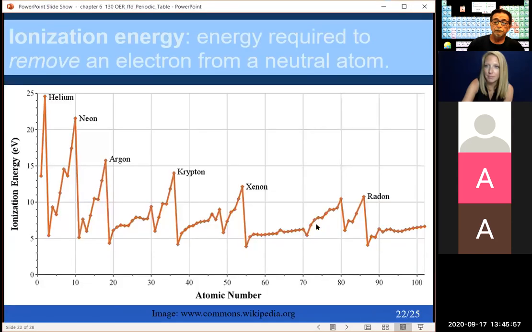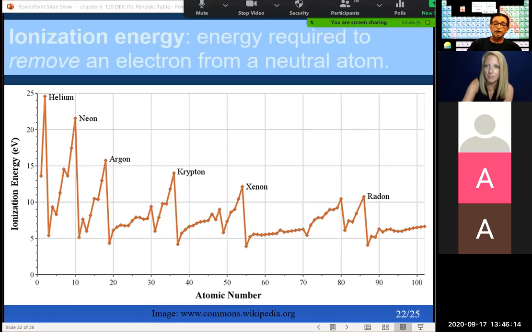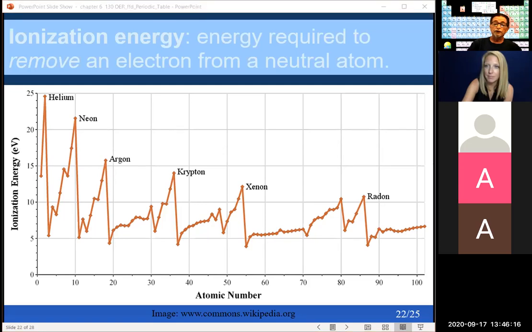This is a plot of that energy required for the ionization energy as you go across the periodic table. Let me make sure I change the color so we're not at the same color as the line.